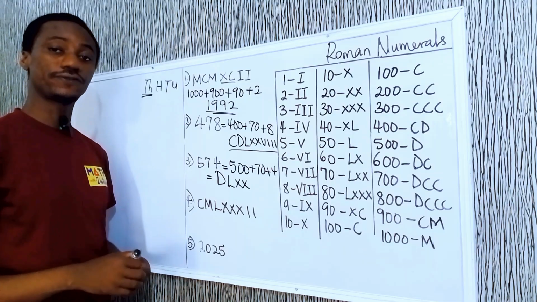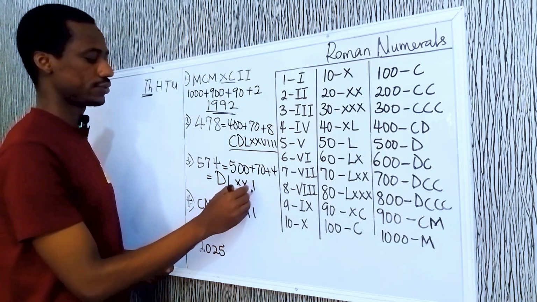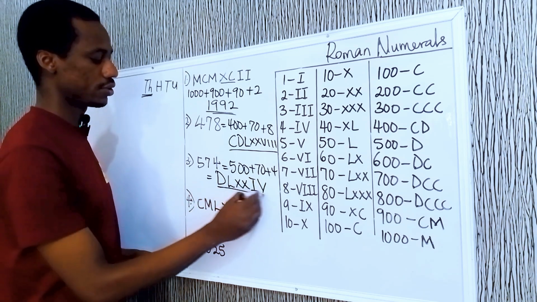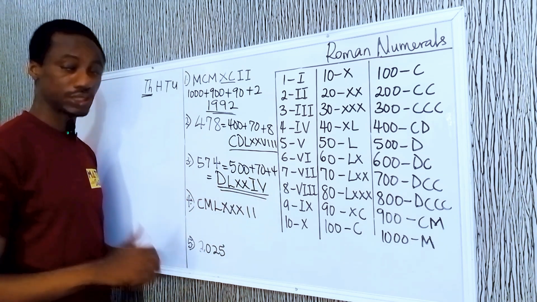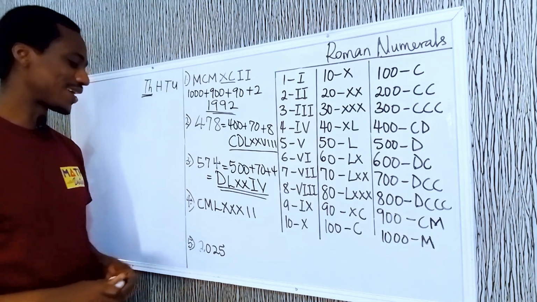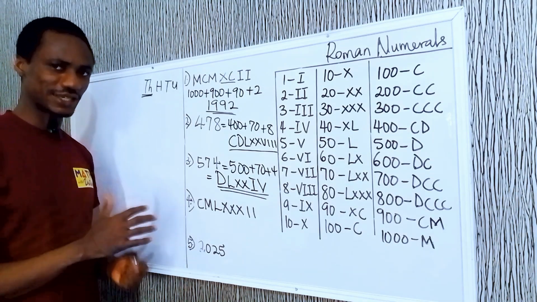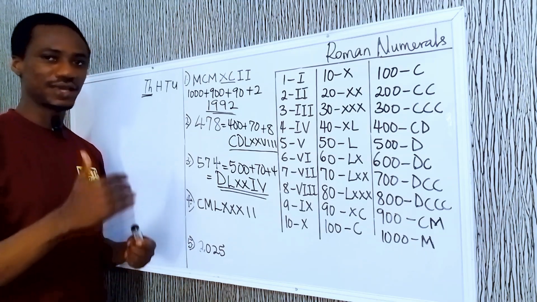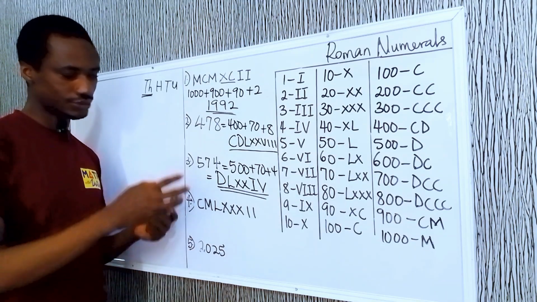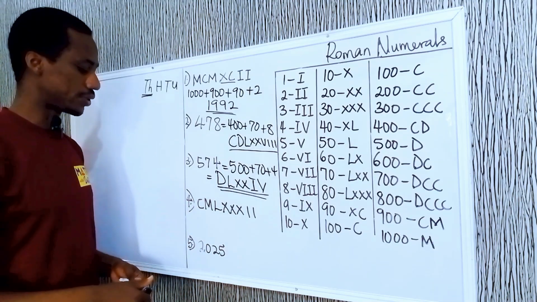And then what is 4? 4 is IV, right? Okay, so this number is DLXXIV. All right, so that's 574. I hope you're paying attention to the procedure.